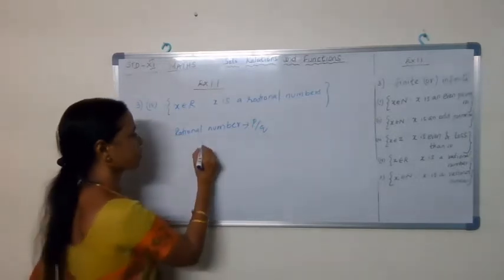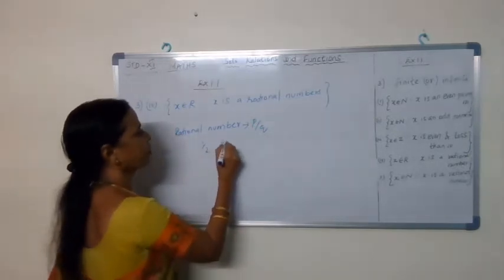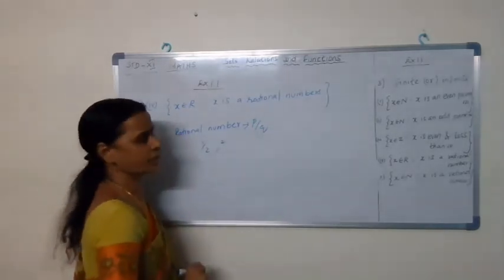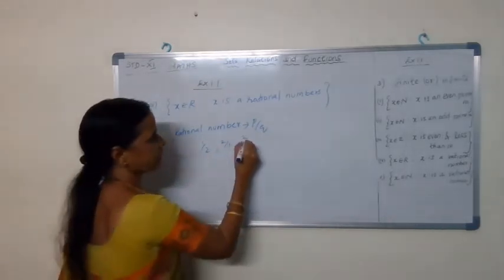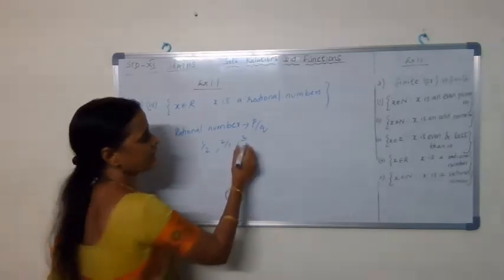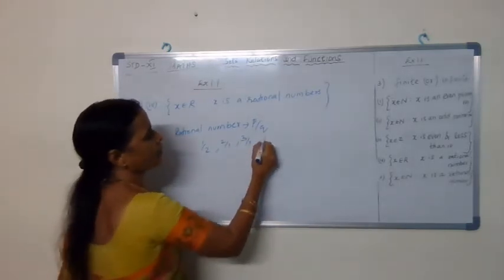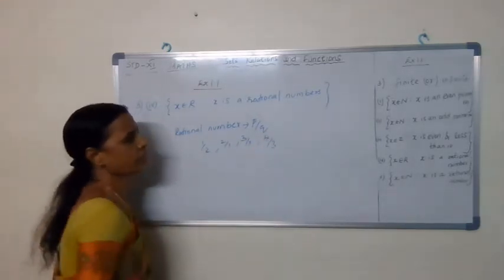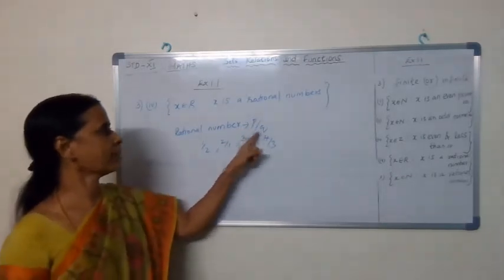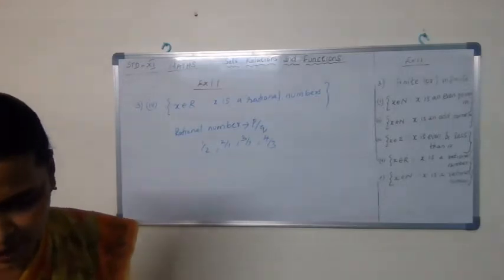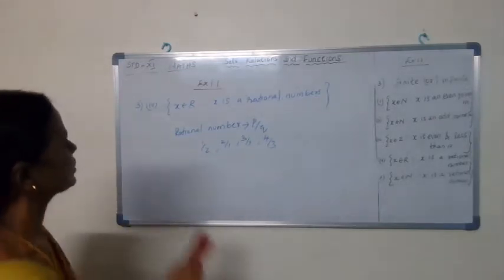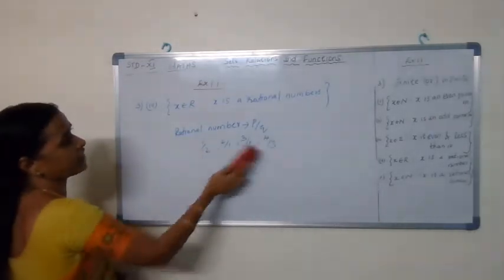So 1 by 2 is a rational number. 2 is also a rational number because 2 can be written as 2 by 1. And 3 is also a rational number because 3 can be written as 3 by 1. And 4 by 3 is also a rational number. So how many rational numbers do you have? You have an infinite set, an infinite number of values.